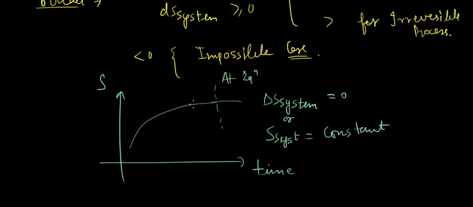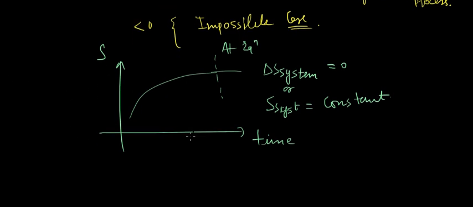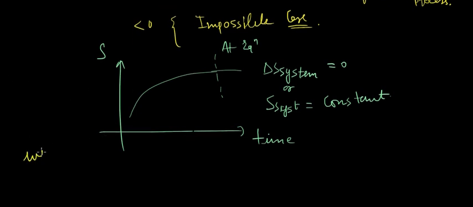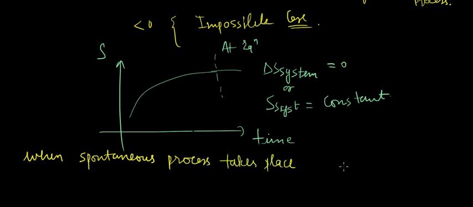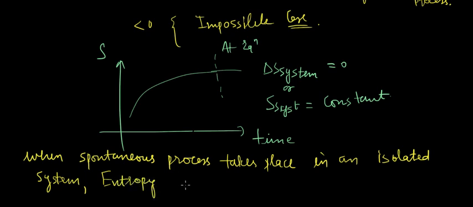So this is the condition when a spontaneous process takes place. In an isolated system, entropy of the system increases and reaches a maximum value at equilibrium.